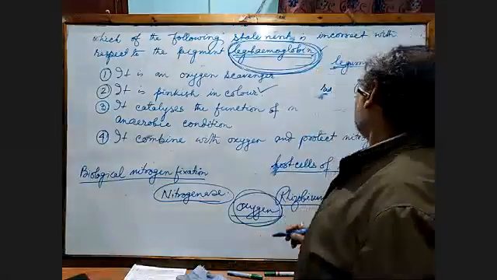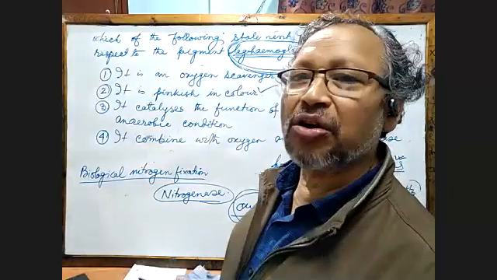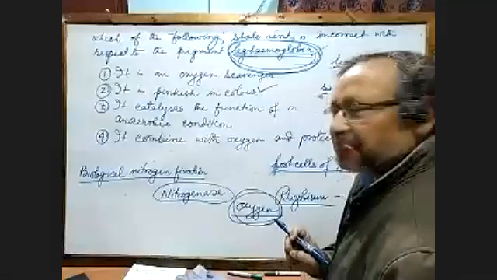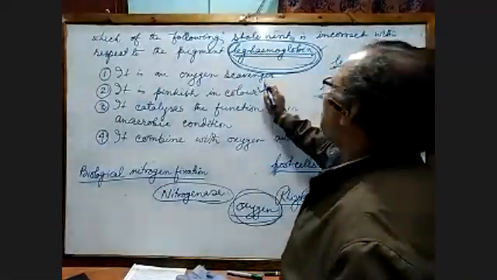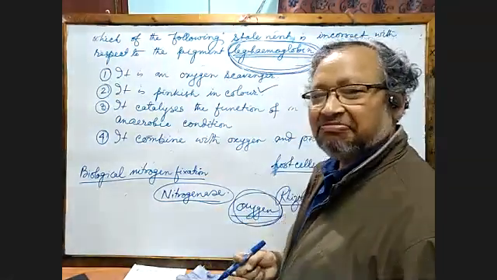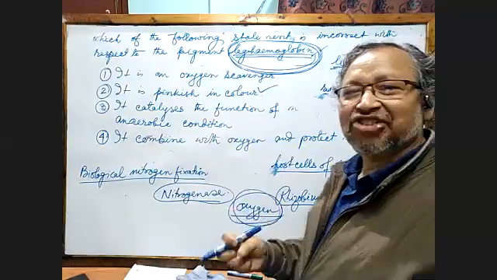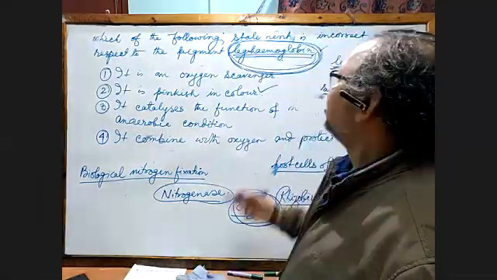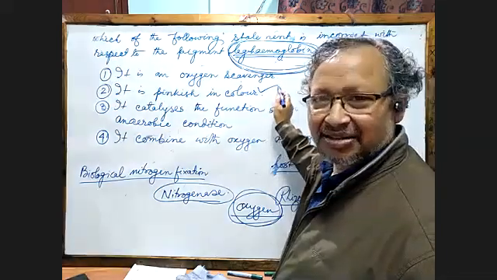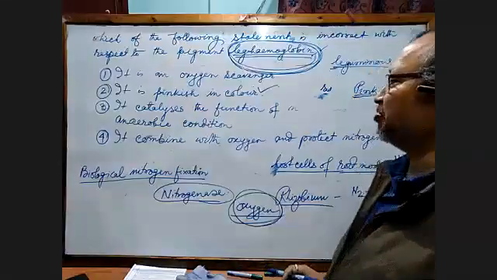And due to this leg hemoglobin, the color of the root nodule is slightly pink. This leg hemoglobin is very sensitive and catches the oxygen. So it is an oxygen scavenger. It destroys oxygen from the tissue.